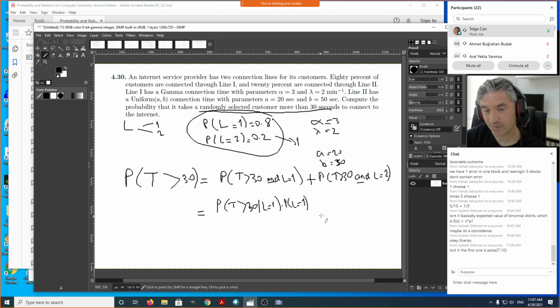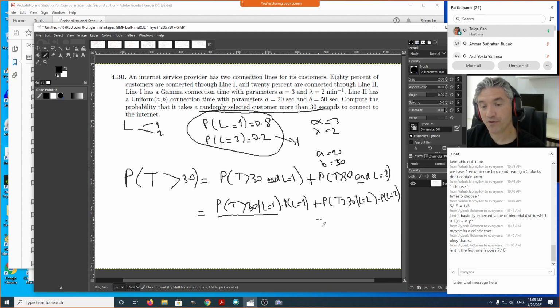I will add to that the probability that t is greater than 30 given line is equal to 2, times the probability that line is equal to 2. So intuitively, we are going to compute the probability that the time is greater than 30 in both of these distributions, and we are going to get a weighted average of these probabilities.